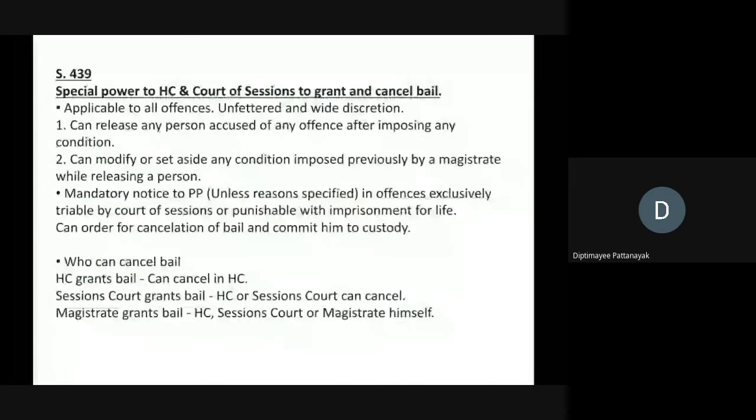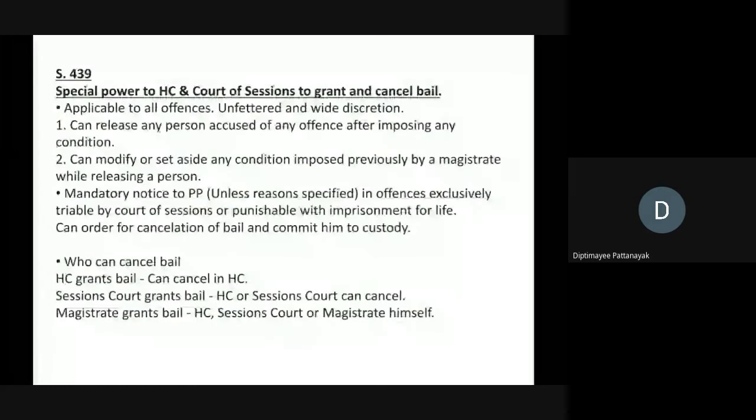Also, the High Court or Sessions Court can modify or set aside any condition imposed previously by a magistrate while releasing a person. So it can release any person accused of any offence, it can modify an order, and it can set aside a condition imposed by a magistrate. So it is providing all the powers, unfettered powers, to deal with bail.